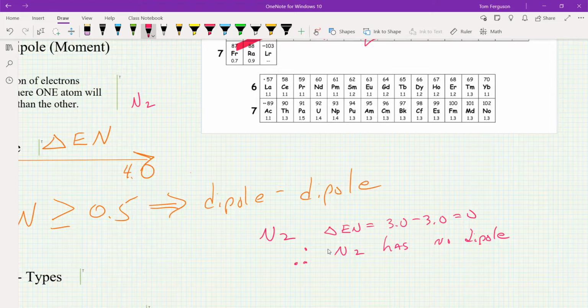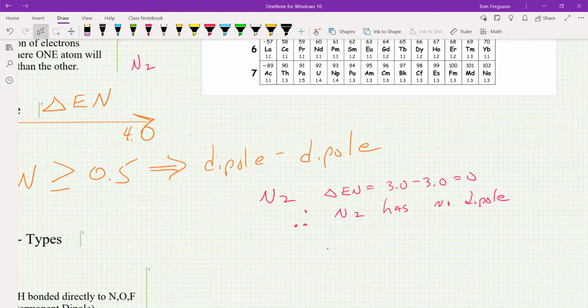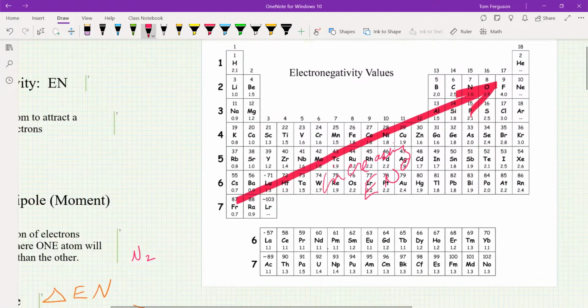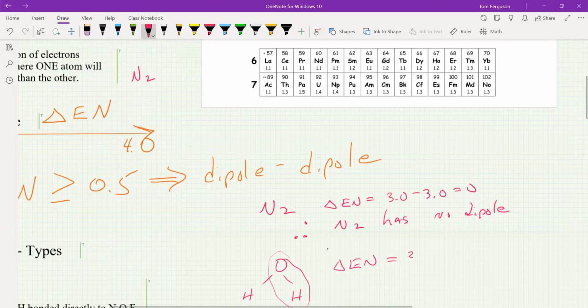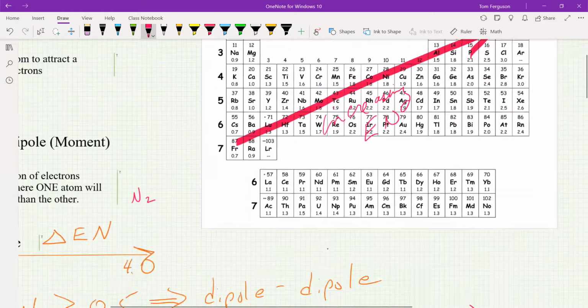Okay, if we look at another molecule, let's look at water. If we just look at one part of water here, we have a delta electronegativity of oxygen, which is 3.5, minus hydrogen, which is 2.1.